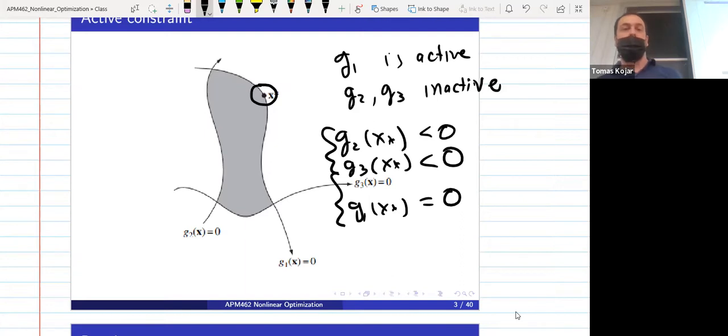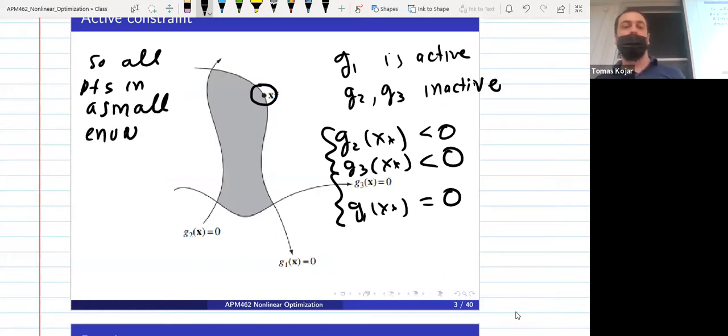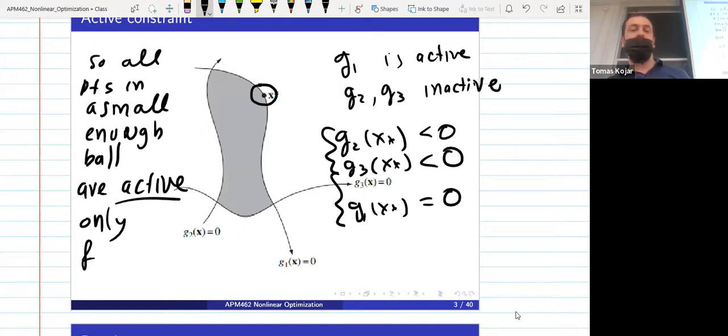All points in a small enough ball are active only for G1. What does that mean? It means that the one you have to be careful about is G1, that you have to check boundary constraints. The G2 and the G3 don't matter. You automatically satisfy them.